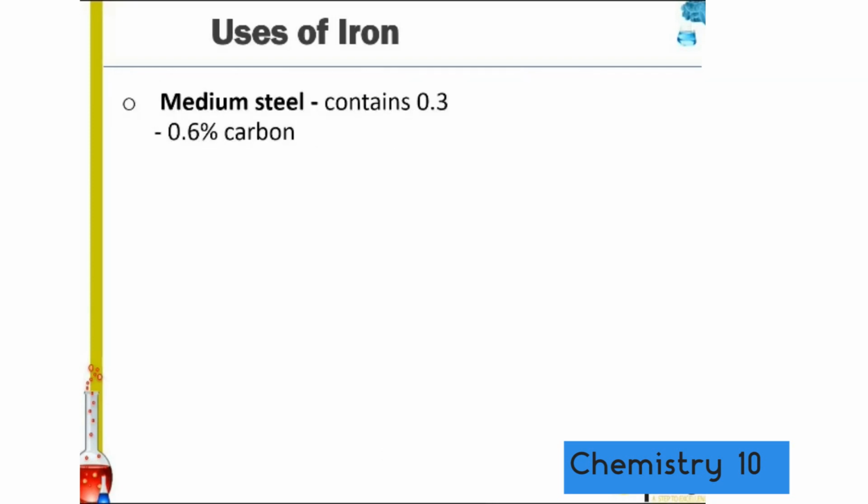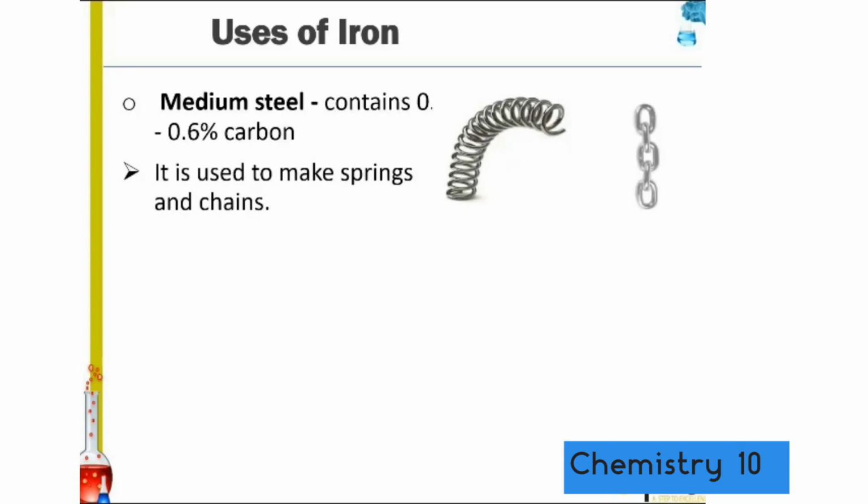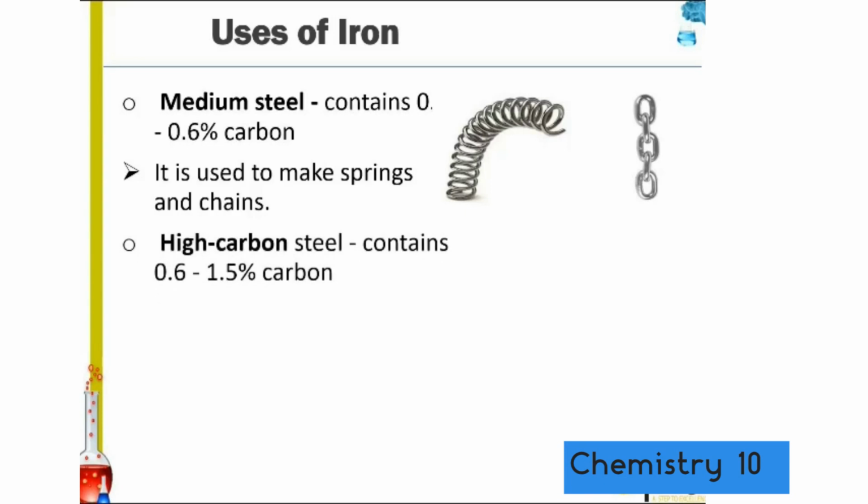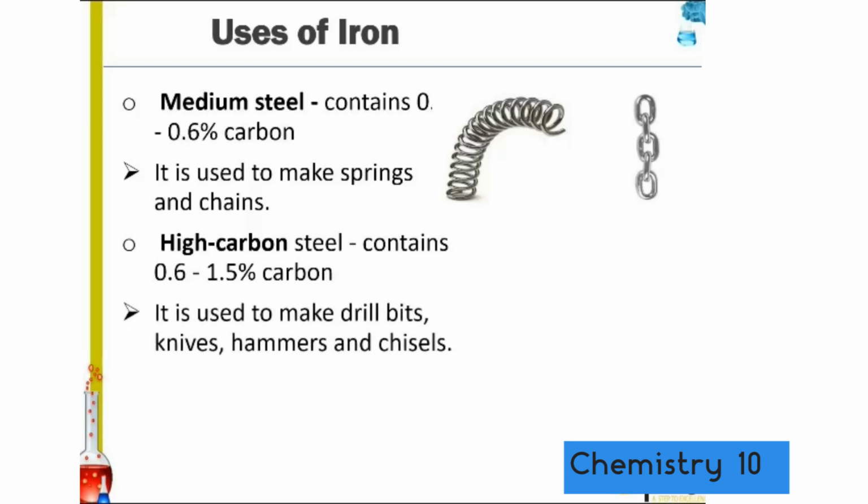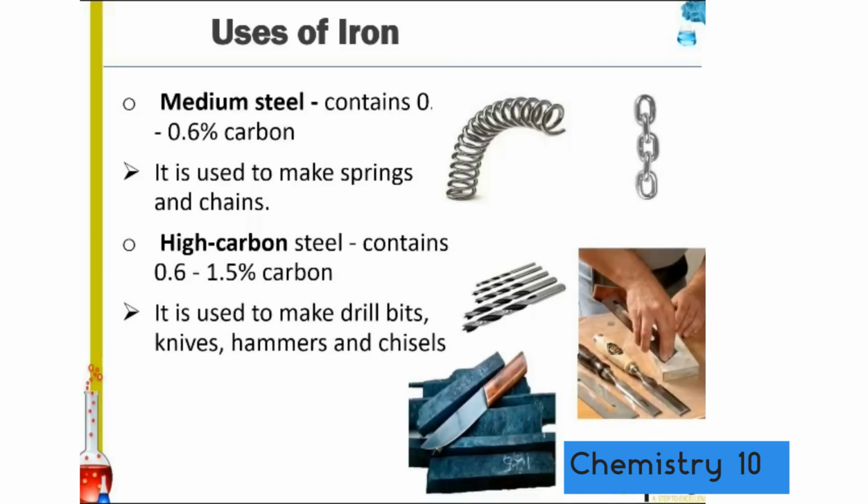The second classification of carbon steels is medium steel, which contains between 0.3 and 0.6% carbon. It's used to make things like springs and chains. Finally, we have high carbon steel, which contains between 0.6 and 1.5% carbon, and it's used to make things like drill bits, knives, hammers, and chisels.